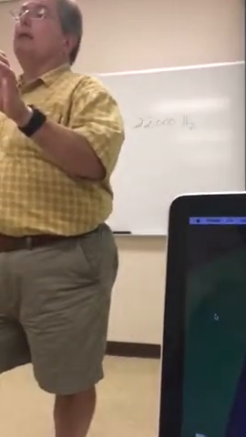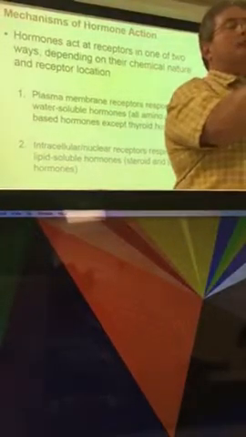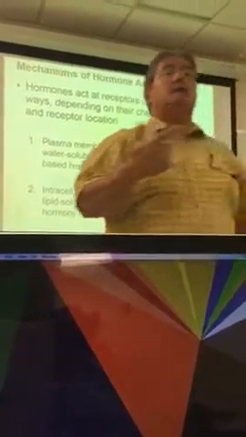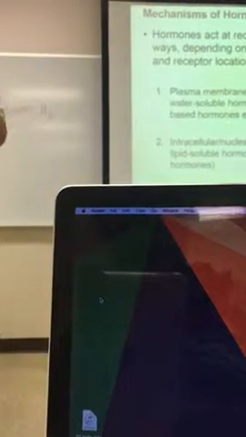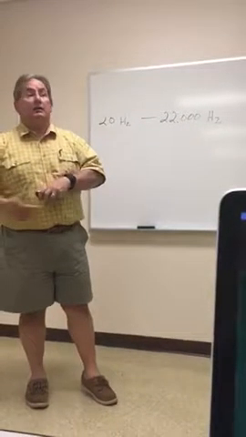Cytoplasm or nucleus. If the receptor is in the cytoplasm, then the hormone interacts with the receptor in the cytoplasm and then it moves to the nucleus. Or the hormone goes directly to the nucleus where its receptor is. What's going to happen next is that this receptor and hormone complex is going to lead to the copying of genes in the nucleus and the making of proteins.